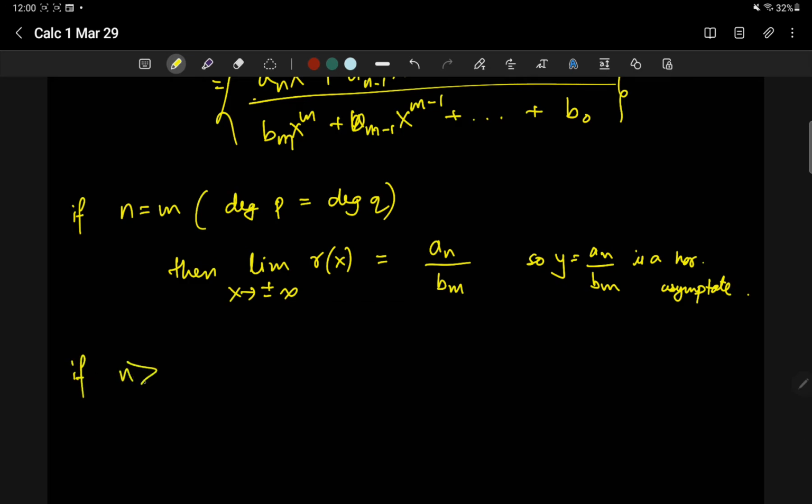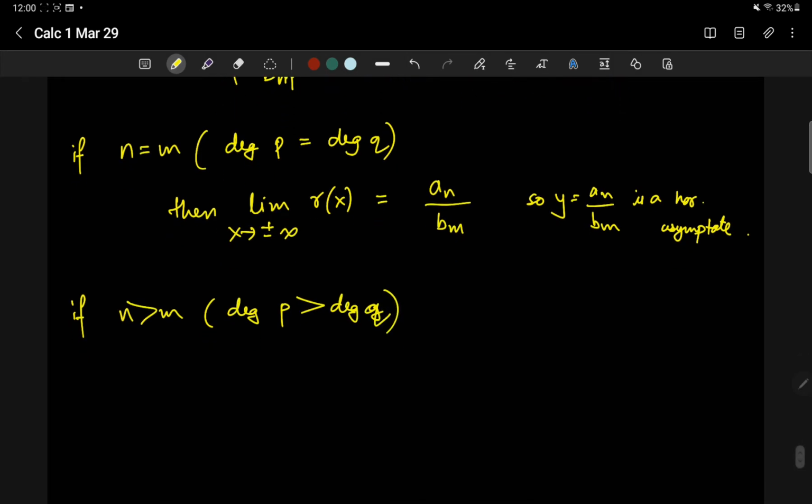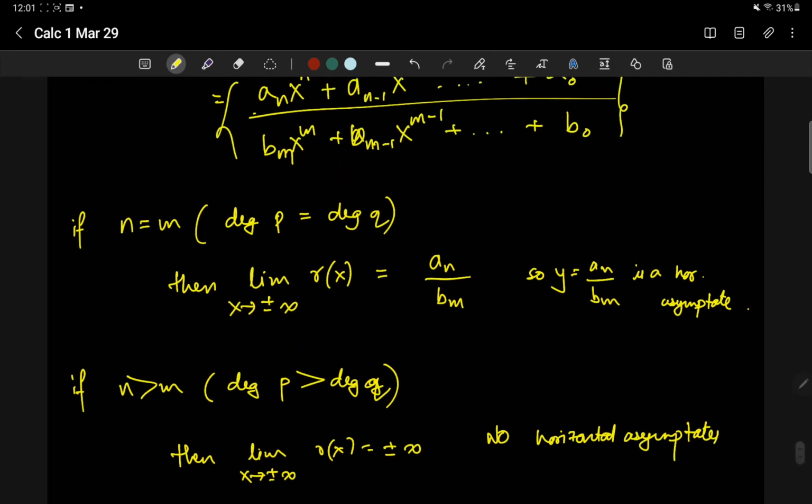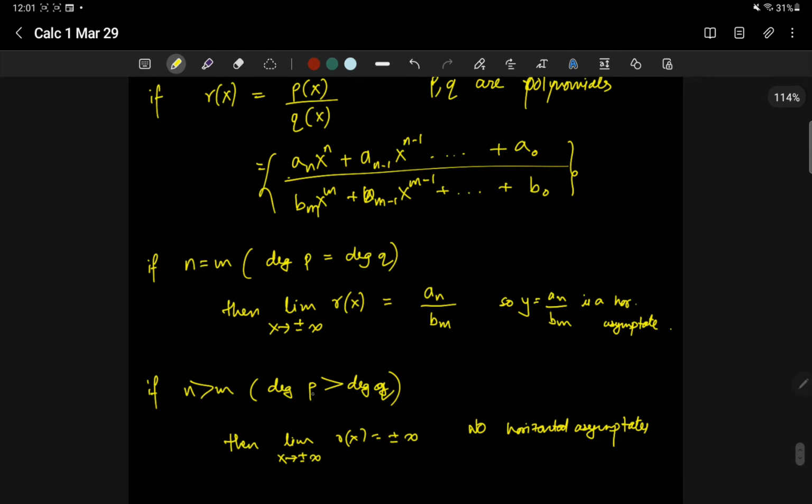If n is more than m, that is, the degree of p is greater than the degree of q, then this limit is plus or minus infinity, and there are no horizontal asymptotes. Again, why is that true?